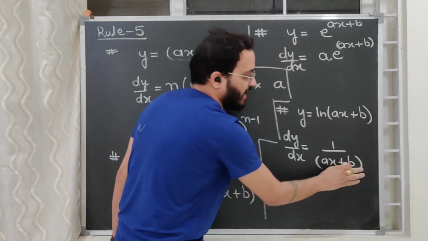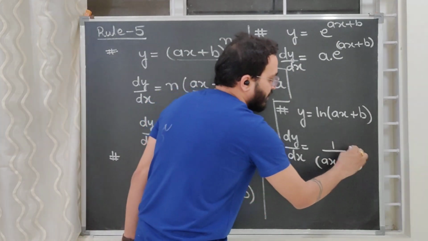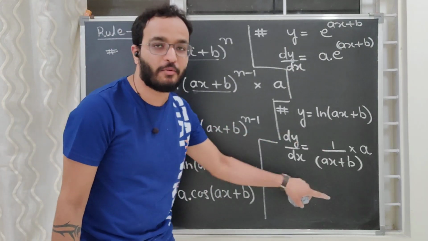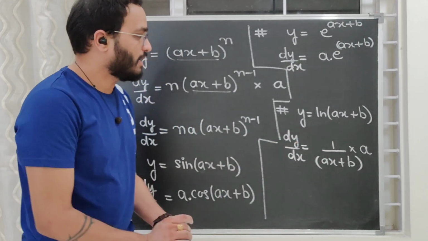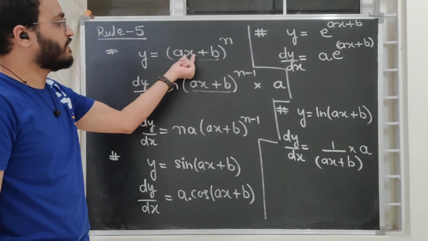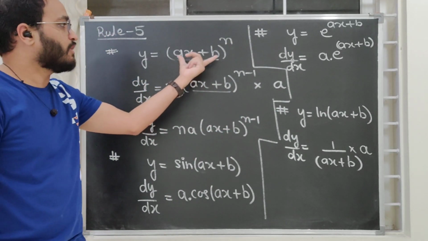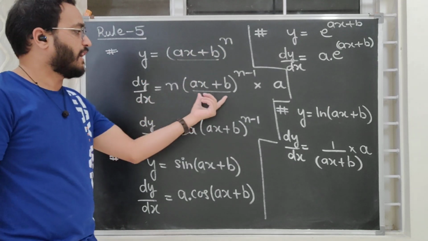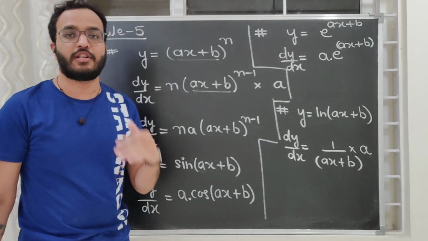Instead of x, you will write ax plus b. Just that the coefficient of x will again come outside. So it will become a upon ax plus b. Are you getting this trend? So whenever you replace x with ax plus b, you apply the formula normally, just bring a outside after the differentiation operation is performed.